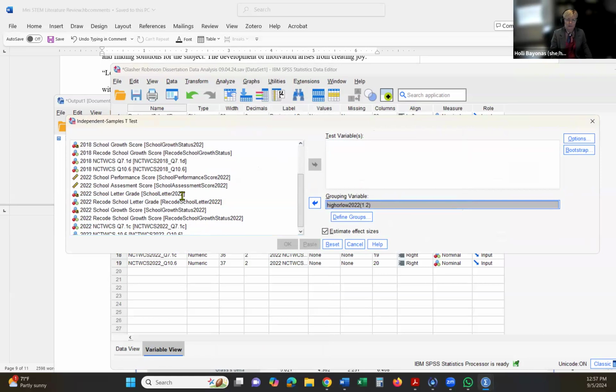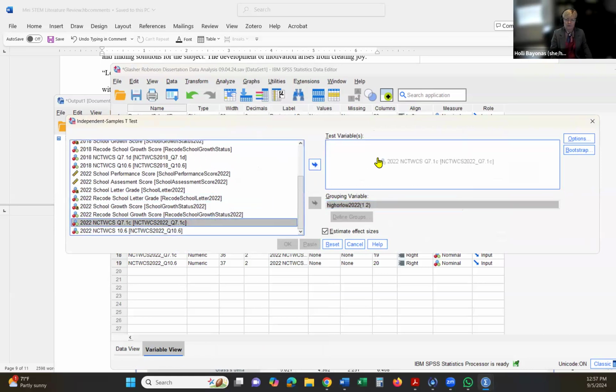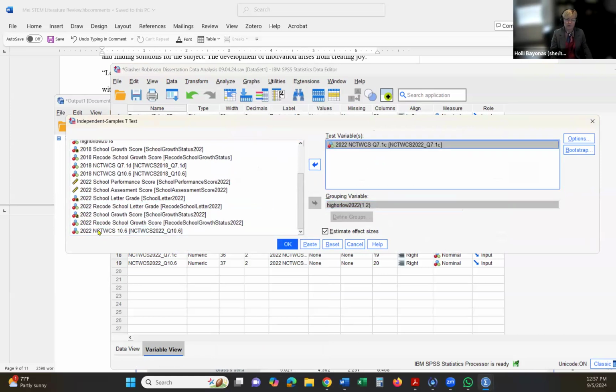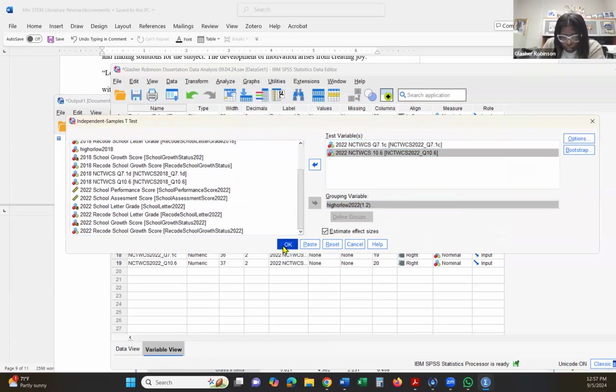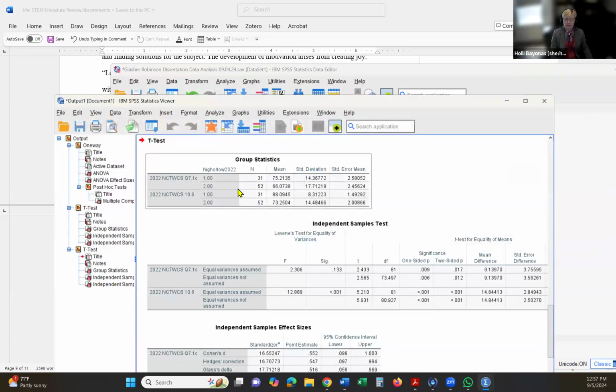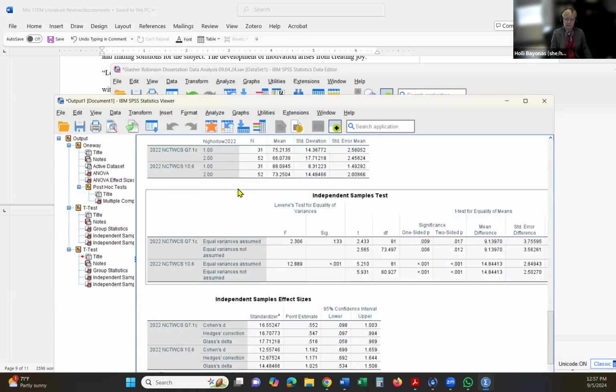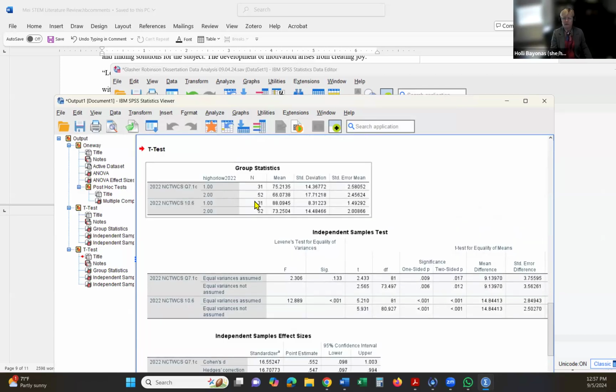And it's this one right here. All right, t-test 2022, 31 versus 52.